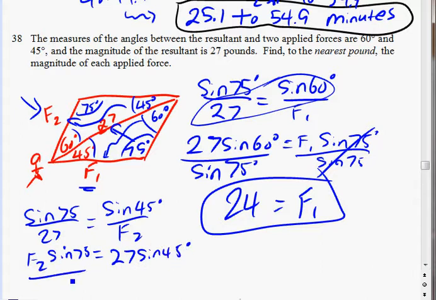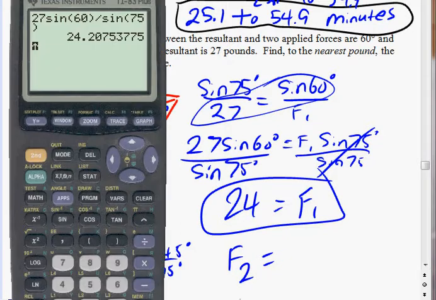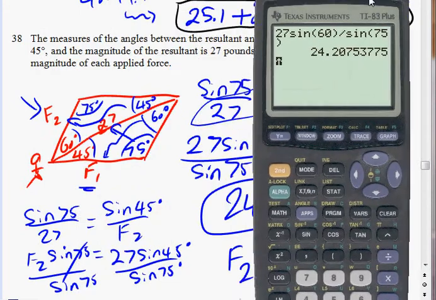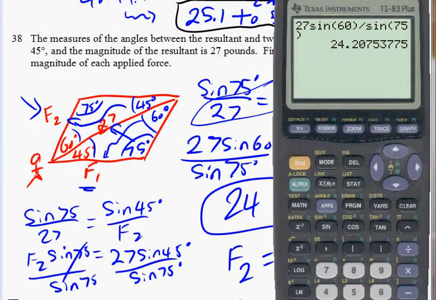We do the same, divide by sine 75, and hopefully we have the answer for F2. Force 2 is 27 sine 45 divided by sine 75.